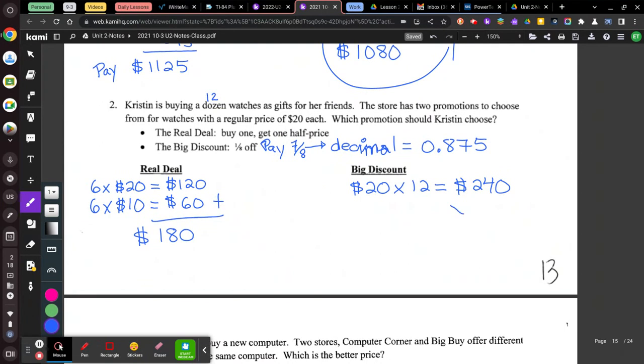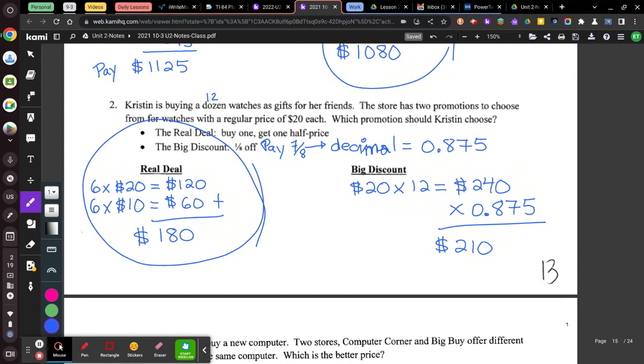So now I'm going to times that by 0.875. And that tells me what my cost will be. So my cost will end up being $210. So which way is cheaper? The real deal is cheaper. Okay? So $210 is what we end up paying for the big discount.